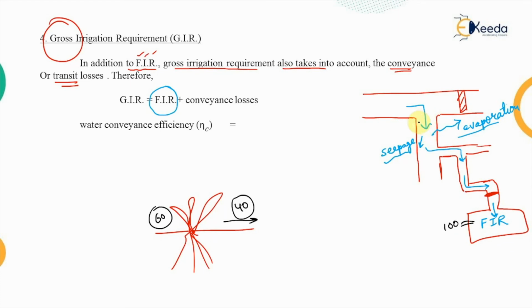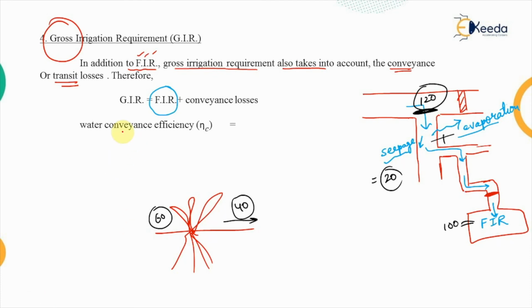Now let's say the total losses because of seepage and evaporation combined give us losses of 20 units. That means the gross irrigation requirement from this point will be 120 units. That will be the total or gross irrigation water which is required to be supplied onto the field, or which is required to be diverted from the canal.